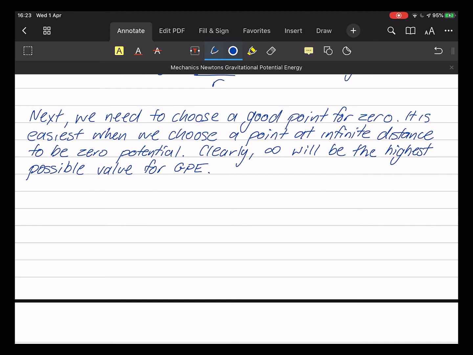It's the highest value because it's the highest point. You can't get any higher than at infinity. And so if it's zero and it's the highest, every other value must be negative.